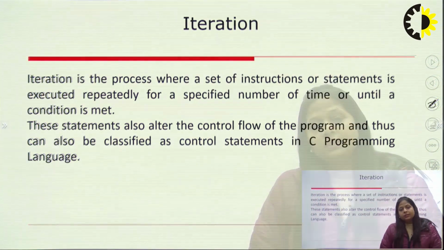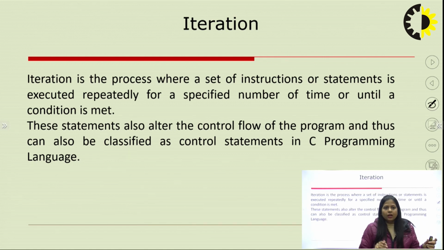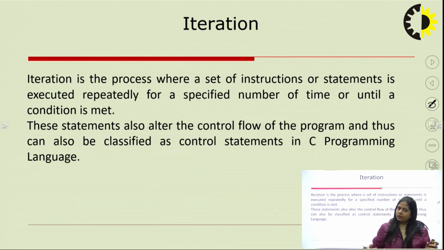When we need to repeat a particular statement multiple times, we require a mechanism so that instead of writing a single statement again and again, we write it once and, according to the condition, it is repeated n number of times, whatever the requirement is.